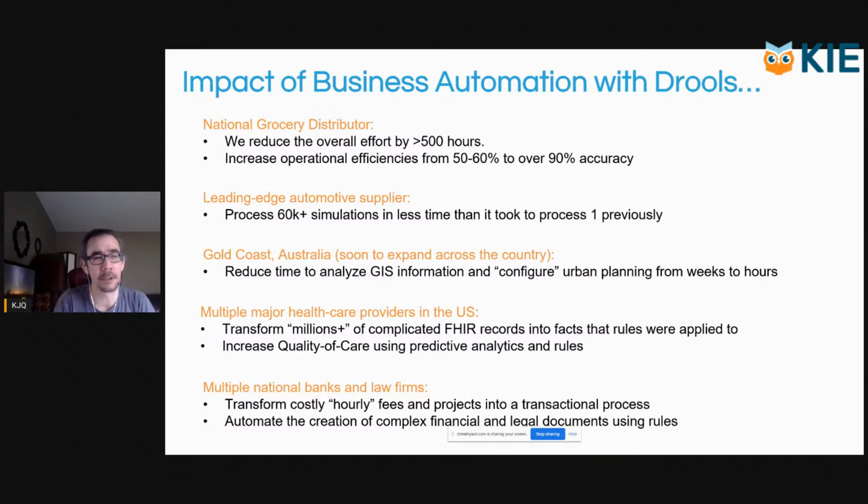When we built the vehicle simulator, originally it used to take a team of engineers many months to perform a single vehicle simulation. We were able to mix that with machine learning and process 60,000 simulations in less than a few minutes.